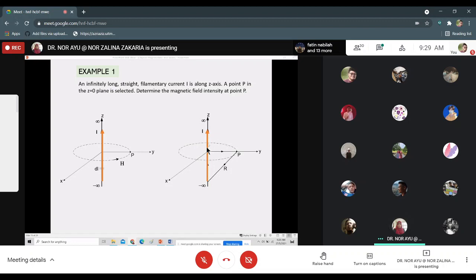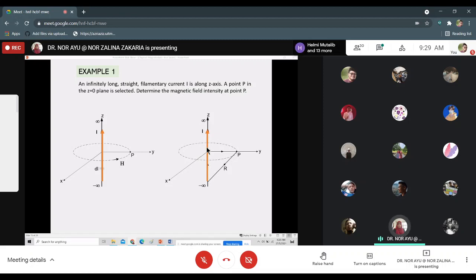Betul tak? Betul. Ha, okay. So bila the current going upwards, dia akan bentuk some sort like a cylinder surrounding the current. So bila dia bentuk dalam bentuk cylinder something like this, so kita kena gunakan rho as your parameter. Okay, so now R is equal to positive Z because it's going upwards.